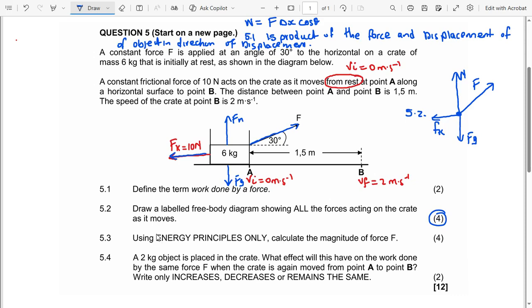The first one, you can use what we call the work done by non-conservative force. Or you can use the work-energy theorem.